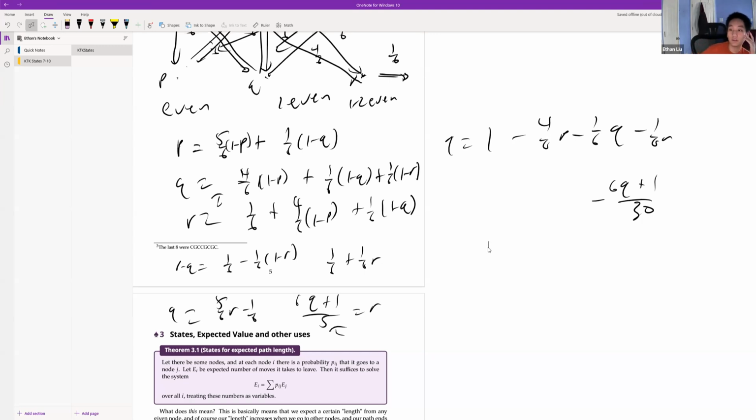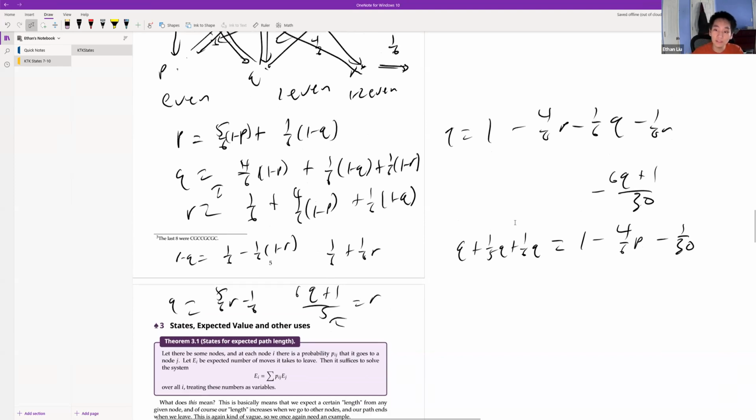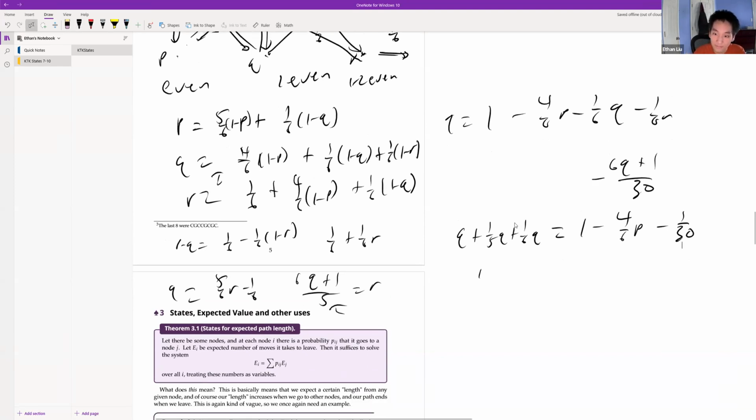We add this back over here and we get Q plus 1 over 5 Q plus 1 over 6 Q equals 1 minus 4 over 6 P minus 1 over 30. And P, or I guess 11 over 6 P equals 1 minus 1 over 6 Q.